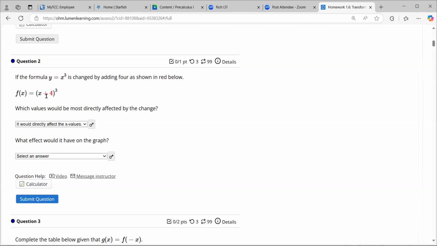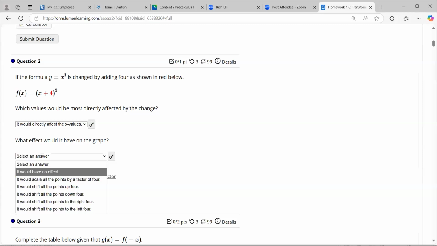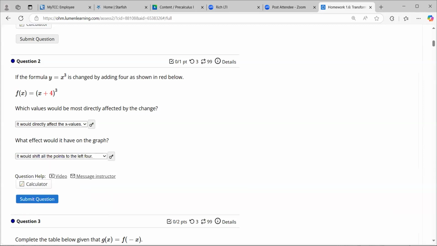So when we add a 4 to x, remember the graph, how does the graph change? The graph would shift to the left 4 units, right? It happened to x. What effect would it have on the graph? As I mentioned earlier, it would shift all the points to the left 4 units, right? To the left 4 units.